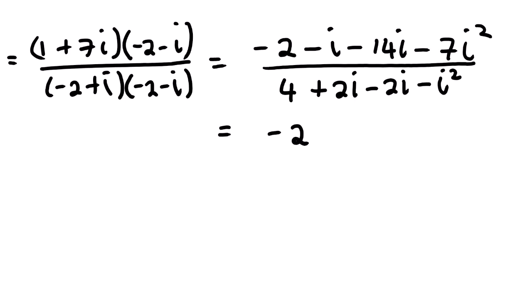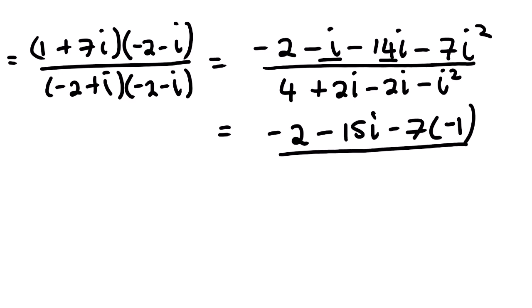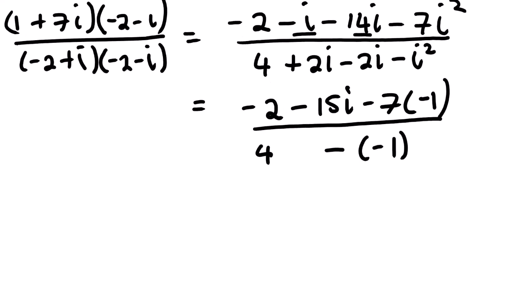Negative 2, you can see that these are like terms. Negative i minus 14i, it's negative 15i, minus 7i squared, 4, 2i minus 2i, it's 0. We know that i squared is equal to negative 1. From here, we have negative 2 minus 15i.